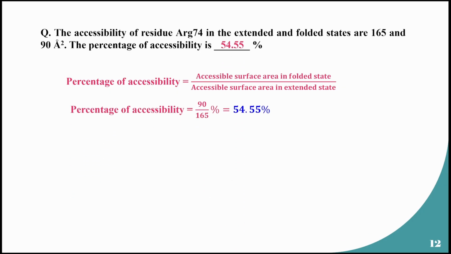Particularly you have to divide 90 by 165 and then multiply that by 100, of course. So that should give you an answer around 54.55%. Okay, that's the percentage accessibility. These are all fraction related values.